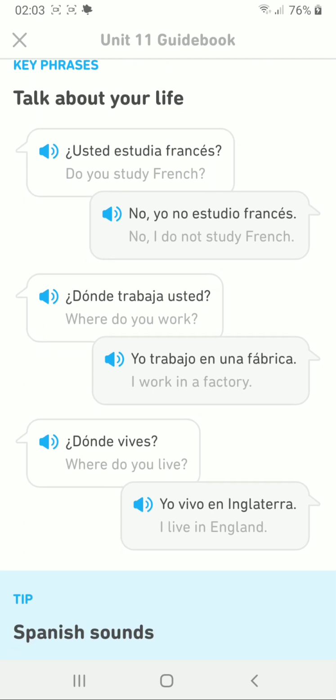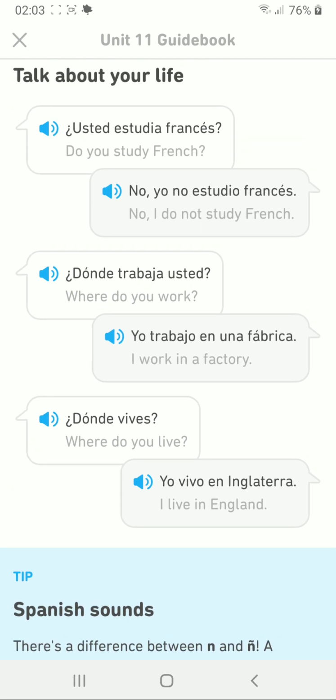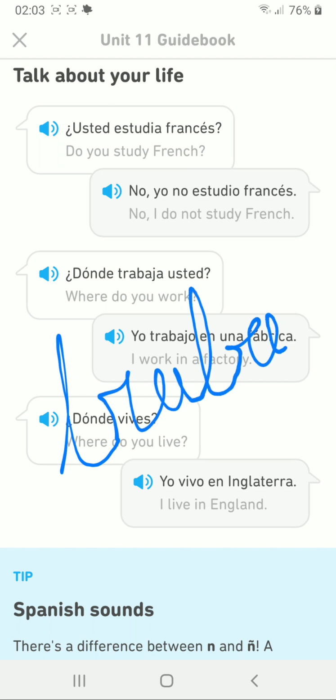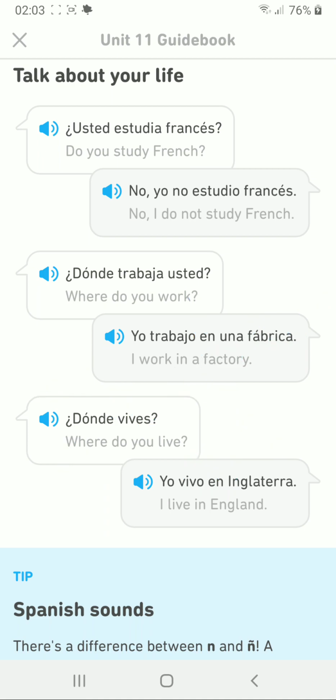¿Dónde trabaja usted? Trabajar is another verb, which is to work. So, trabajar, I can write it for you. Trabajo. ¿Dónde trabaja usted?